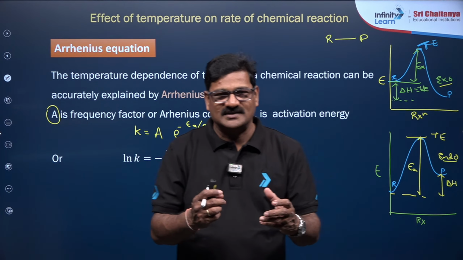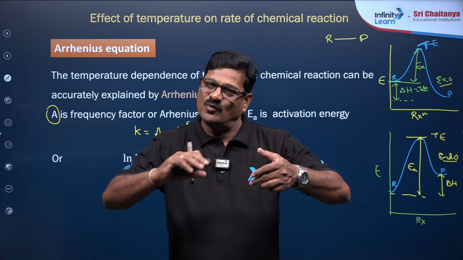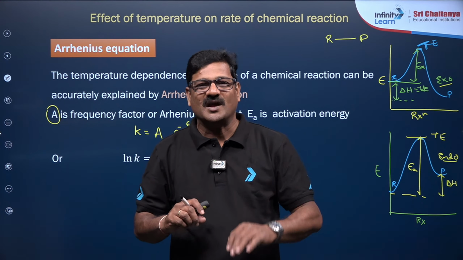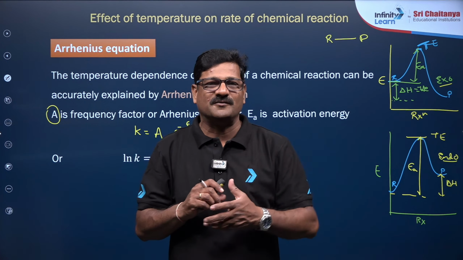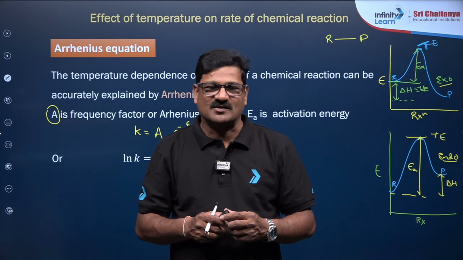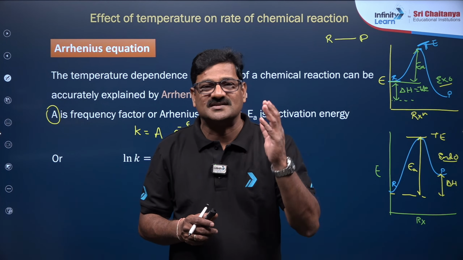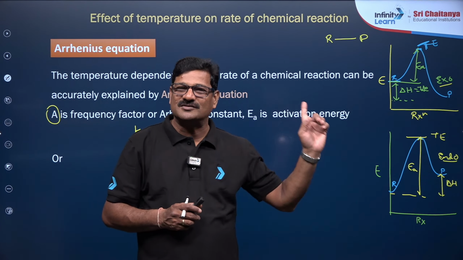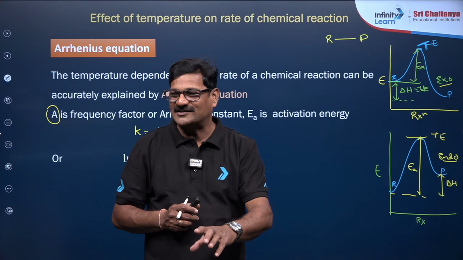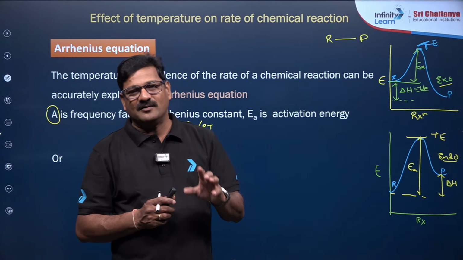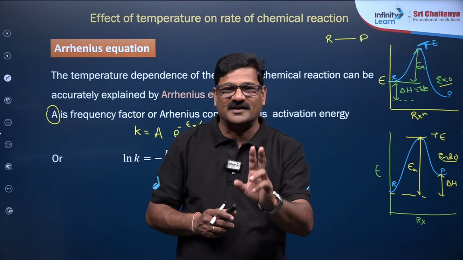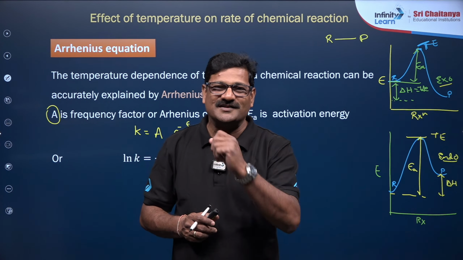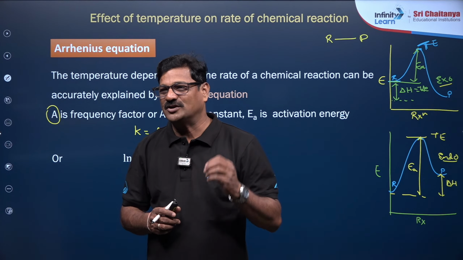In that, there will be a situation where old bonds are not completely broken and new bonds are not completely formed. That situation is called a transition state. This is very important in organic chemistry, beta, and also in chemical kinetics. What is the difference between a transition state and an intermediate? It will be very useful in organic chemistry.